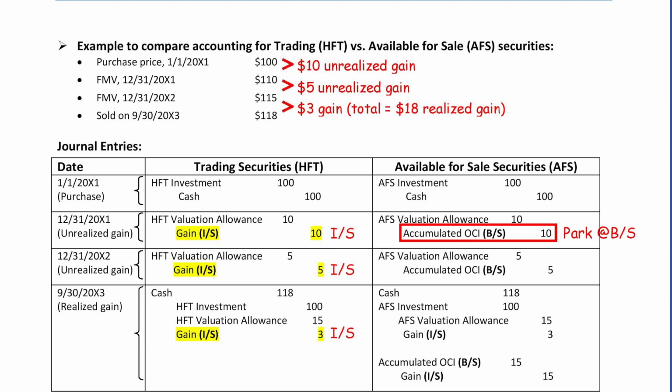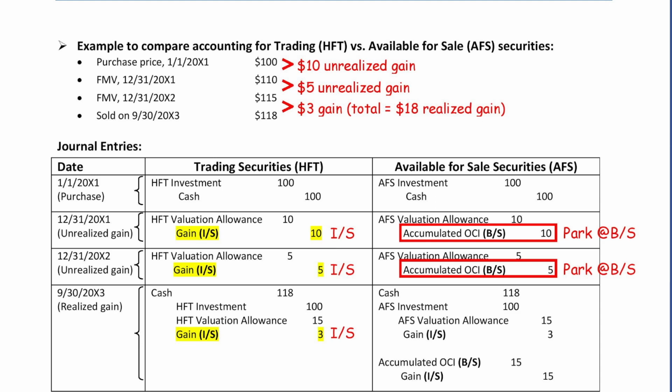Again, the $5 unrealized gain in year 2, that again goes into accumulated OCI, and right there, park at balance sheet. So guys, look at the difference between trading and available for sale securities.